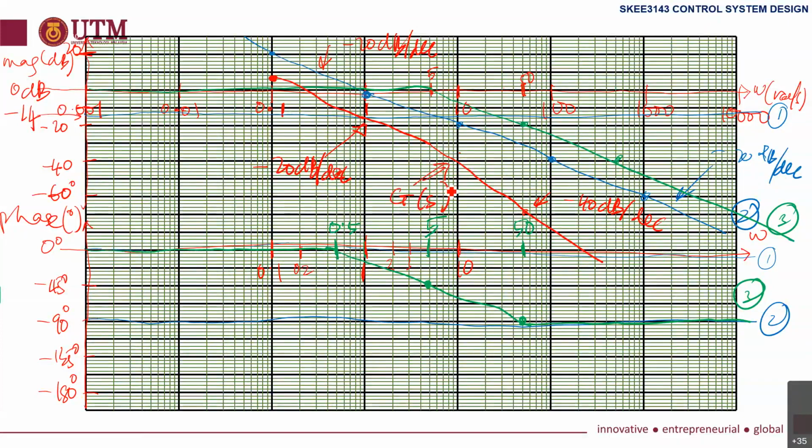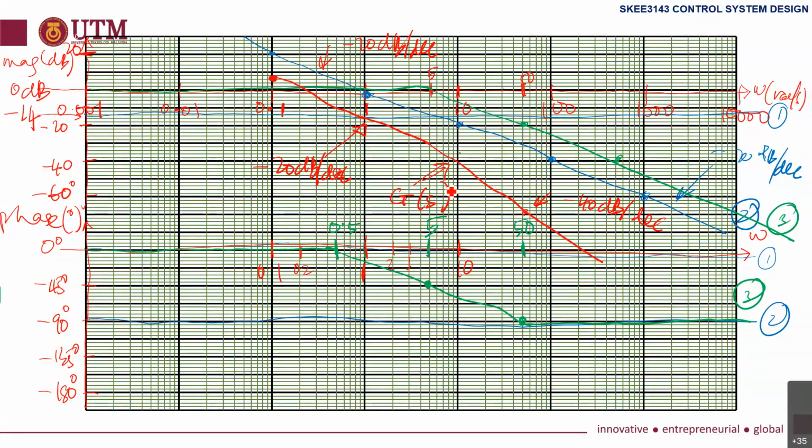I hope you try after this. If you have questions, just ask. As I said, it's actually not easy to understand this, but please try to do it. And you have to understand the slope, minus 20, minus 40.